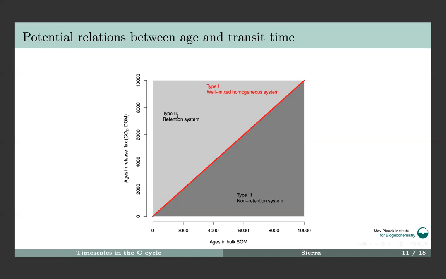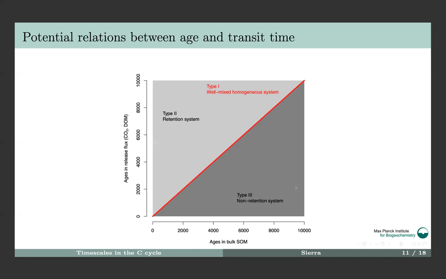The second case is when the ages are shorter than the transit times. In that case, the carbon will have to be retained in the system before it actually gets released. So carbon will come in, will have to stay there for some time before it's released, and therefore the transit time will be much older than the age.